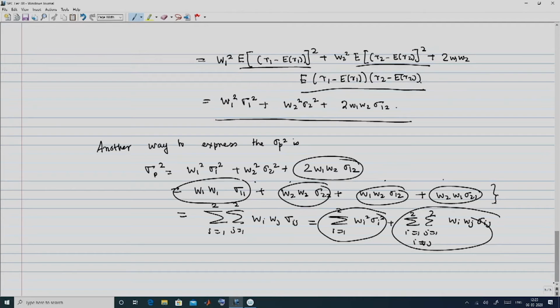Alright. So, now that we are done with the case of two assets, we now extend the results to the 3 asset case.